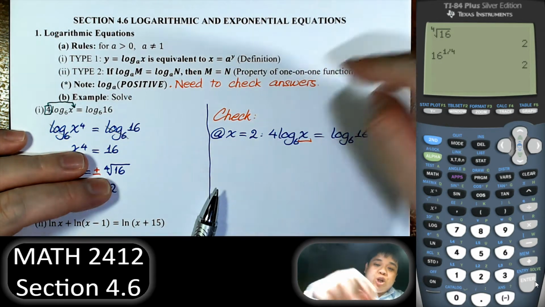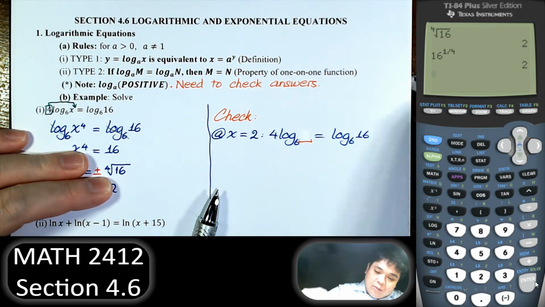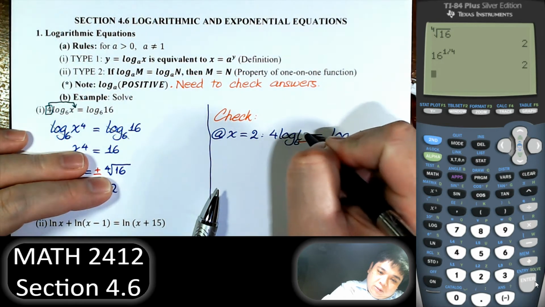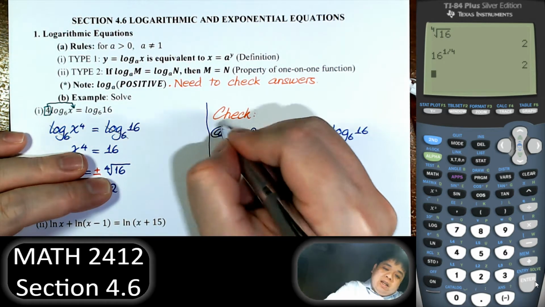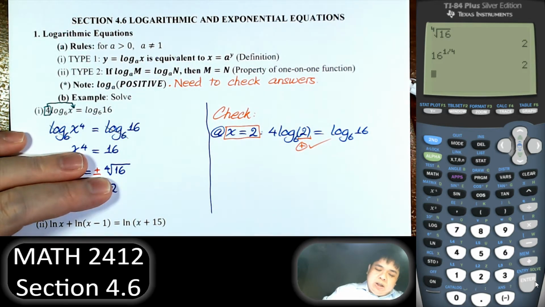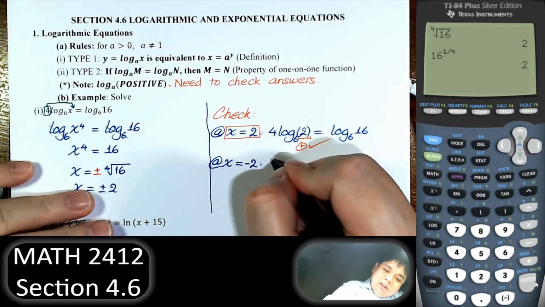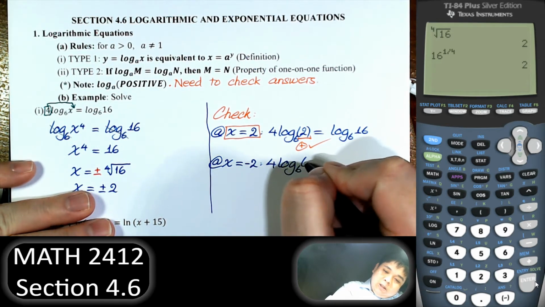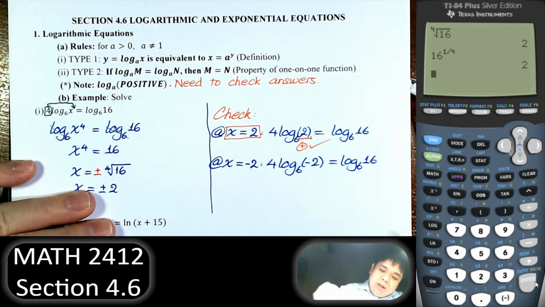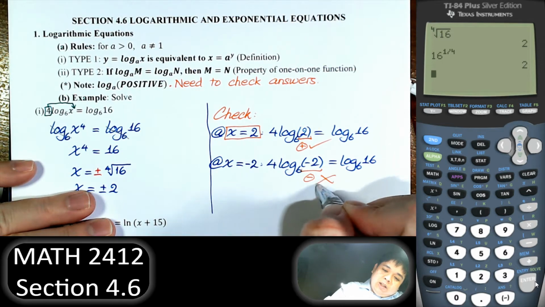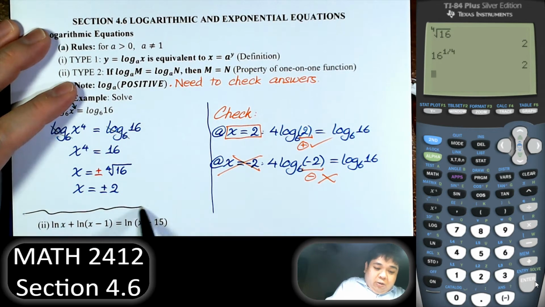Put 2 in for x, and whatever we put inside the log has to be positive. Yes, so in that case, it is a solution. Now check for one more, negative 2. Now this one is negative, so it doesn't work. Only positive arguments for all the logs.